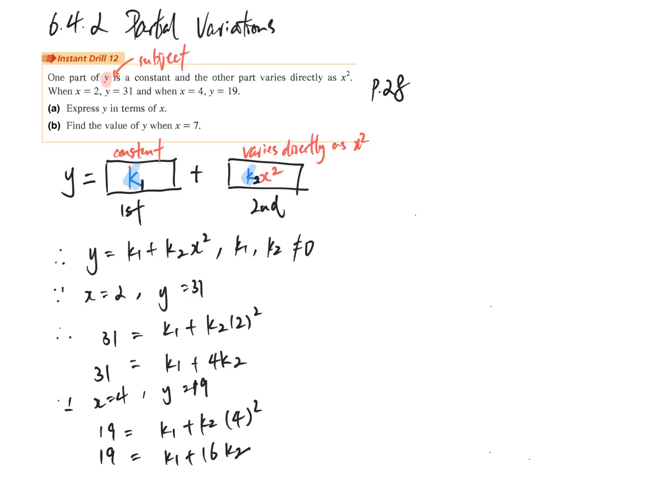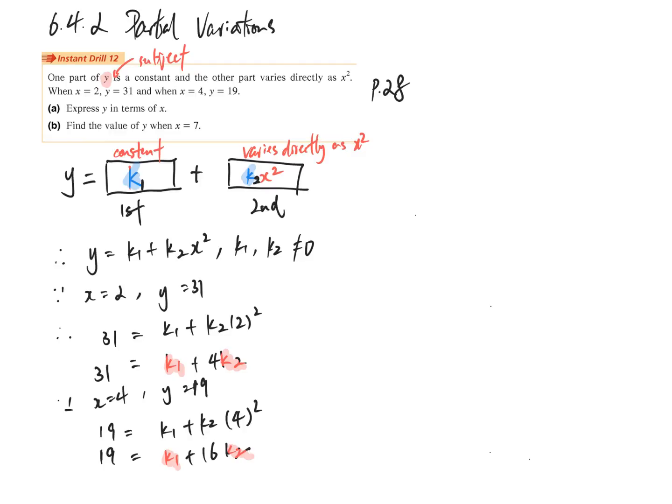Okay, so you might notice that we now have two unknown constants that we would like to find the values of. They are k1 and k2 respectively.